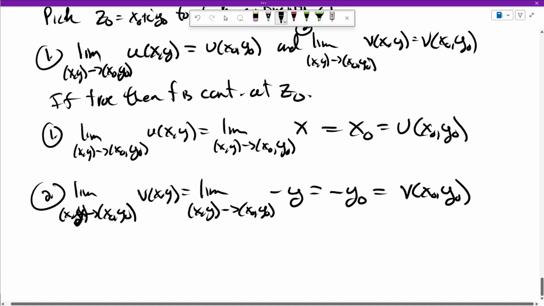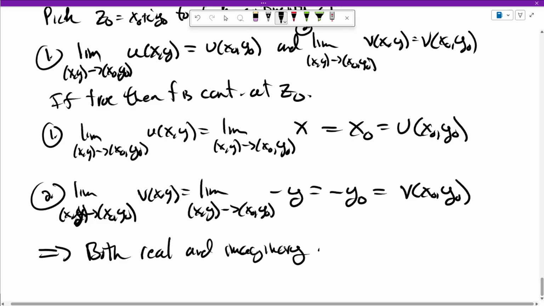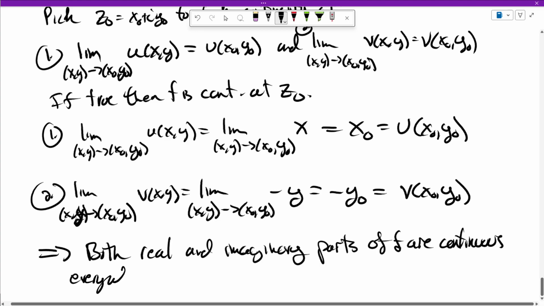So since the limiting values of the real parts and the imaginary parts were the actual values, we can conclude from this that both the real and imaginary parts are continuous everywhere. Great.